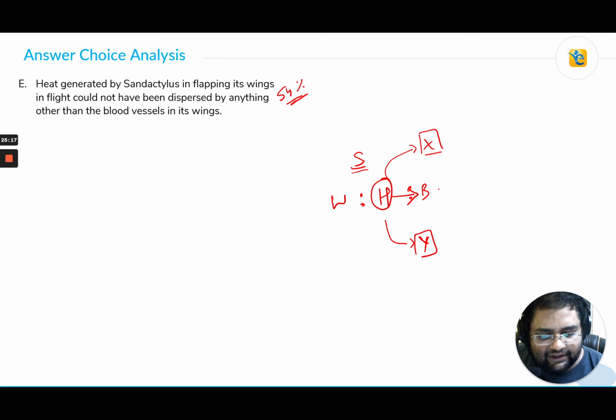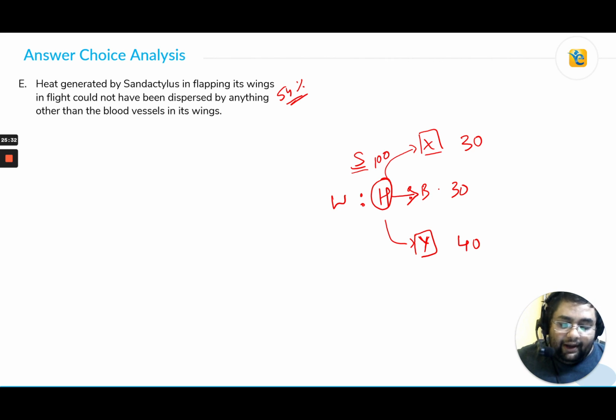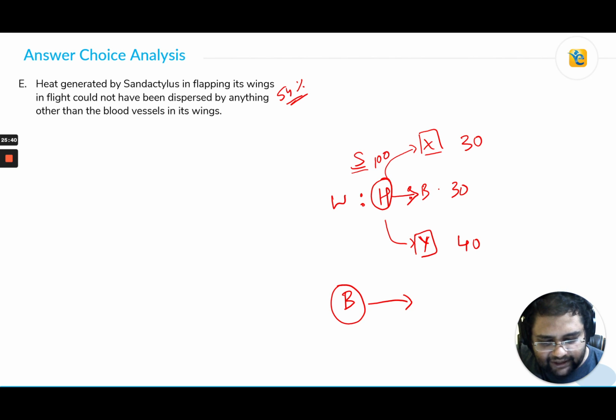So let us say that if the heat generated is 100 units which has to be dissipated, 30 units get dissipated by X, 30 units get dissipated by B, and 40 units get dissipated by Y. Now, even if this is the situation, it can very well be possible that B exists only for the purpose of dissipating these 30 units of heat.